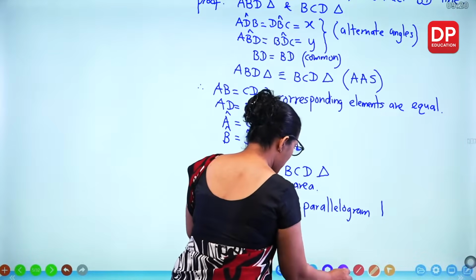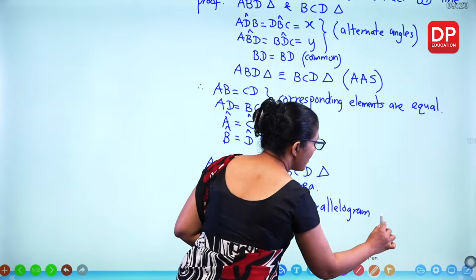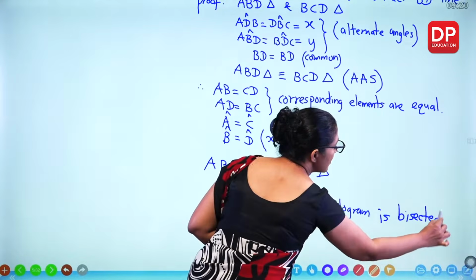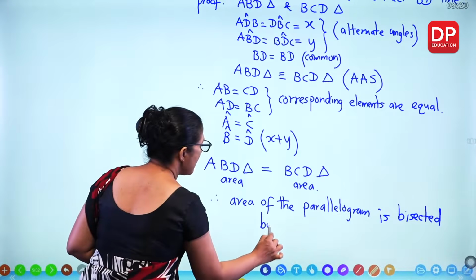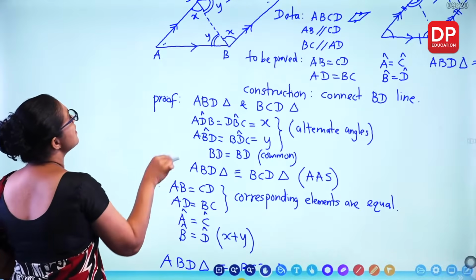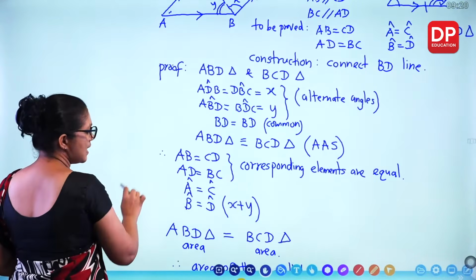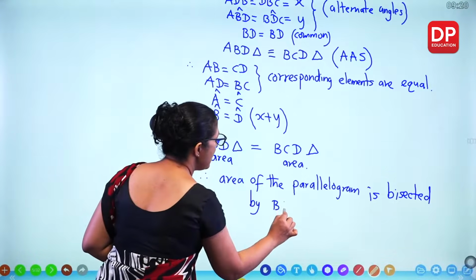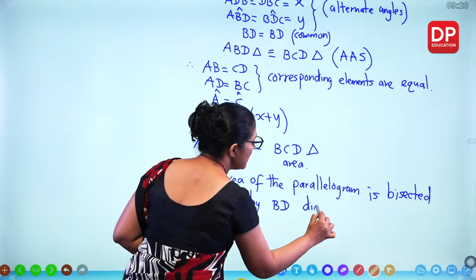Is bisected by which diagonal in this one? We consider BD diagonal, by BD diagonal.